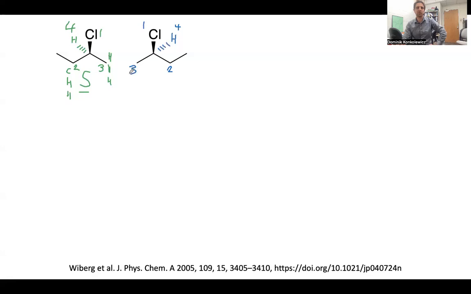In that case, if we line our hands up with the low priority group going into the screen, thumb going into the screen, start at 1, close to 2, finish at 3, 1, 2, 3. That works with our right hand, so this is the R enantiomer. So that's just an example of assigning R and S stereoisomers.